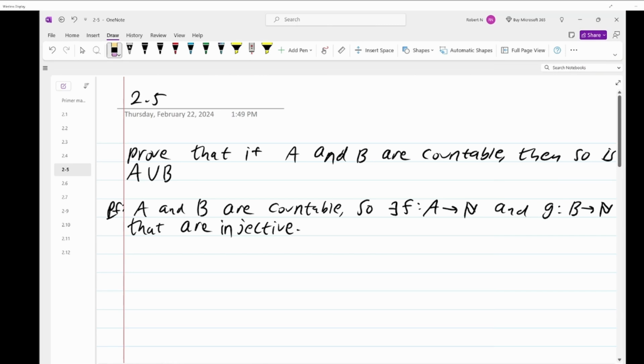So if A and B are countable, at least if we're thinking back to Hilbert's Hotel, you can have a countably infinite amount of rooms, and then you can just have everyone move to twice their room number, and then you have countably more infinite.